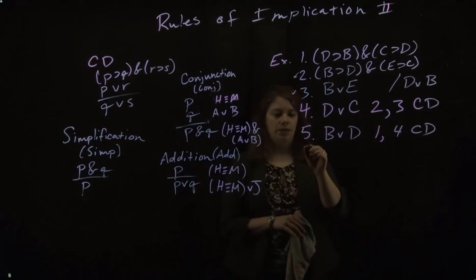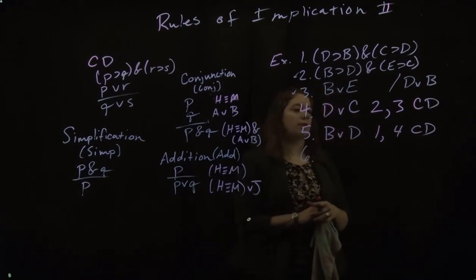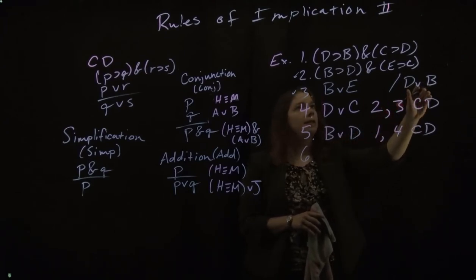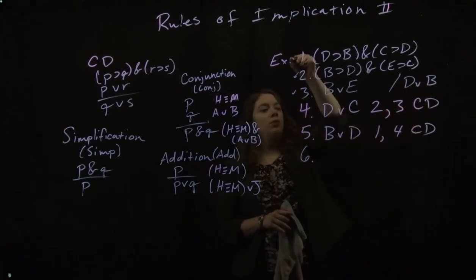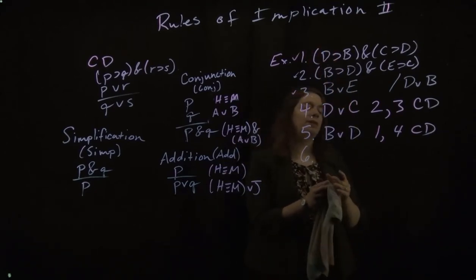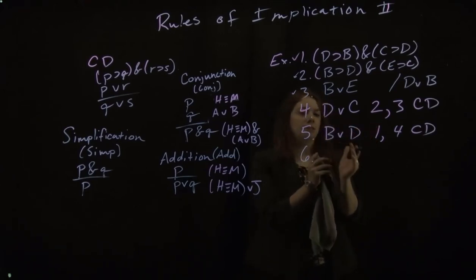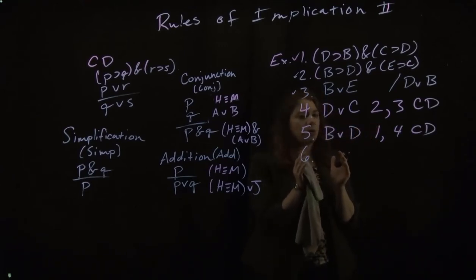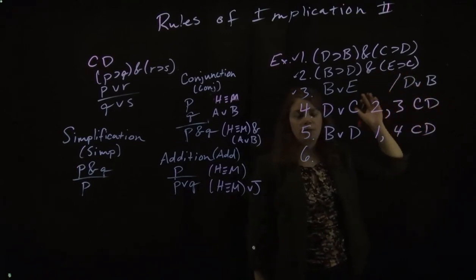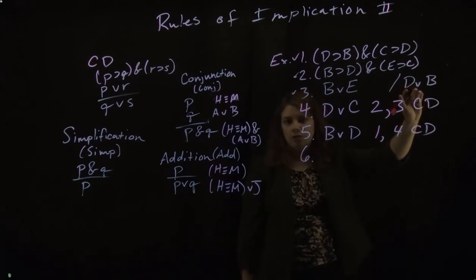Now, this is the tricky part of this proof. This is only getting us so far, and again we want to get D or B, but we need some way of deriving that as a disjunction. And so this is sort of backwards. Because it doesn't seem at this point that we can use addition, then probably the rule that we're going to have to end up using to get this is constructive dilemma.